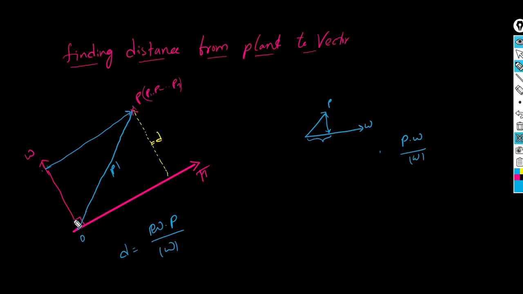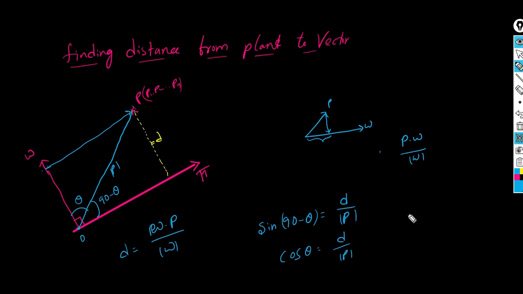Let's say the angle between the two vectors is theta, and this is 90 minus theta. Now sine of 90 minus theta equals opposite side d by hypotenuse modulus of p, and this becomes cos theta equals d by modulus of p.